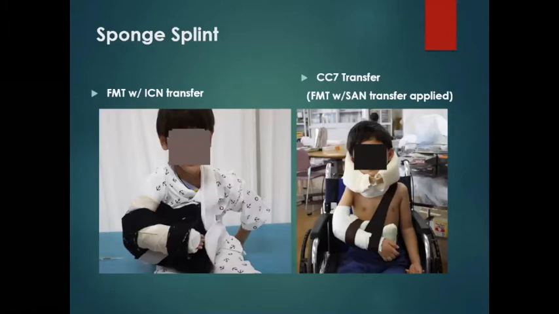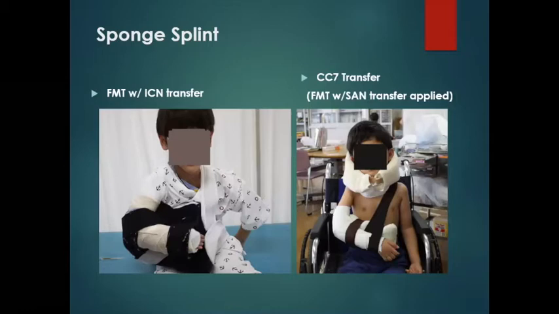Post-operatively, the upper limb was immobilized with a sponge arm brace and cast, kept for 4 weeks. The left side is a sponge splint for Free Gracilis transfer with ICN transfer, keeping only the involved arm.